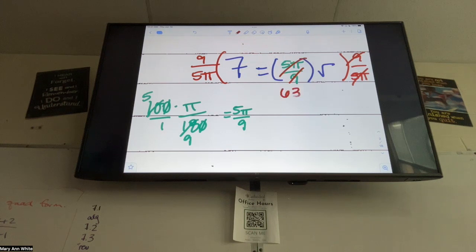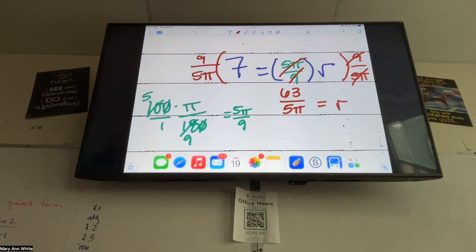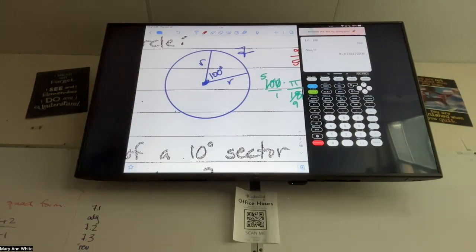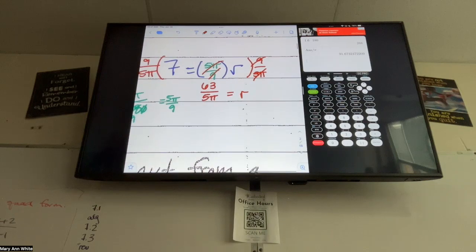You can leave it as a fraction, 63 over 5 pi equals R, or we can make it a decimal, which I actually do want to do to kind of make sure you don't make the same mistake I did. In alpha yesterday, I wrote 63 divided 5 pi. Okay, when I press enter on that though, it says 39.58.